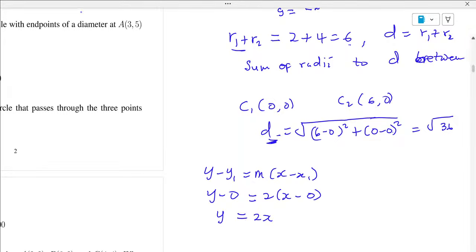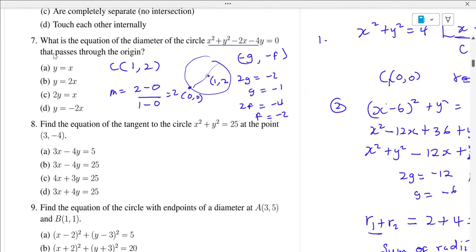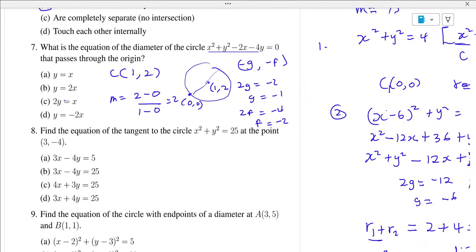So the correct answer to question 7 is y equals 2x. You might think you can only generate the equation if you are given the diameter, but it's not always that way. Here, we are asked to generate the equation of the diameter from the circle. So that is how we can go about these things.